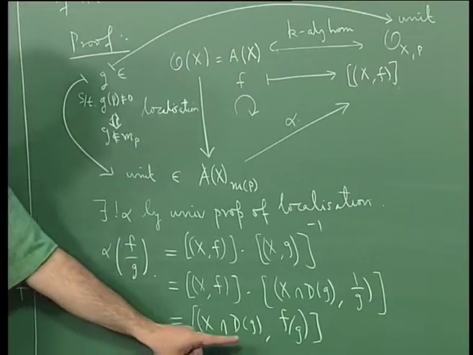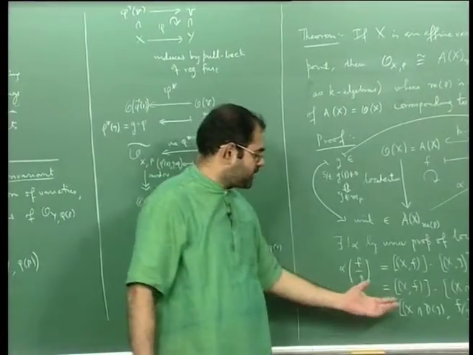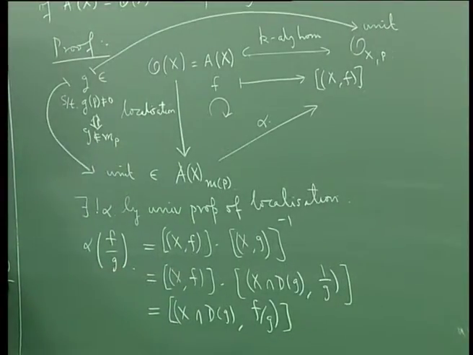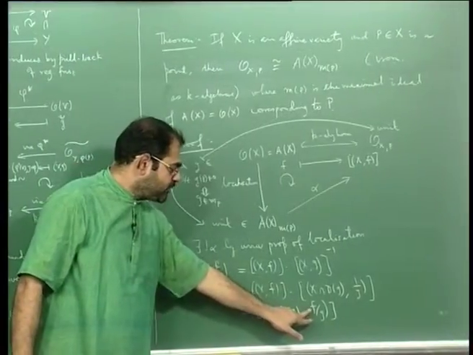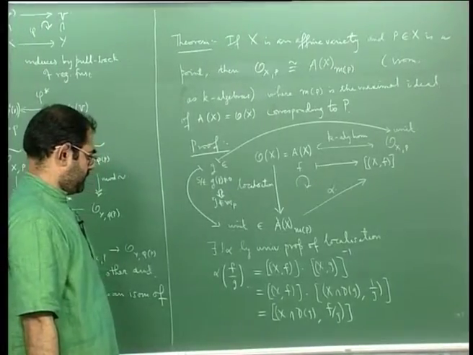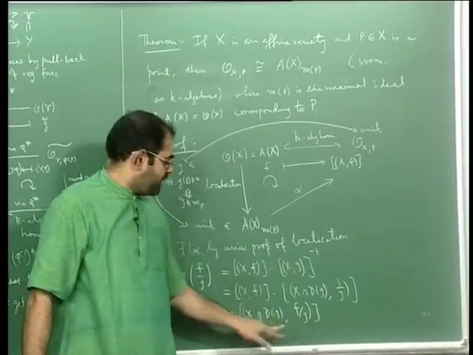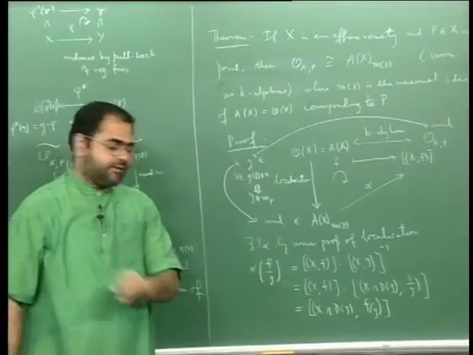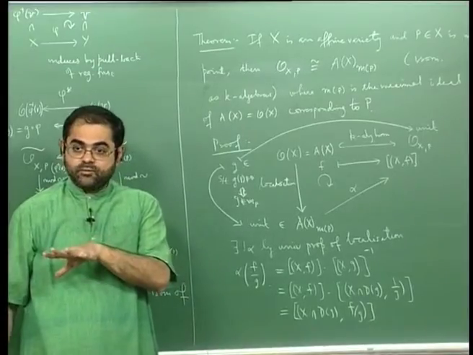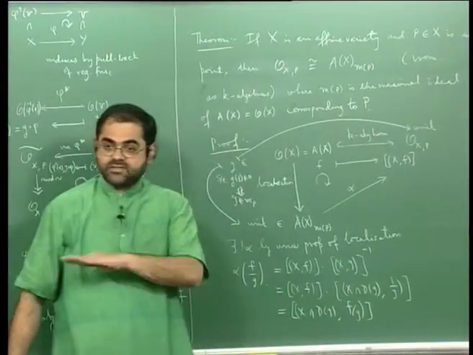If the regular function f by g vanishes in a neighbourhood of the point, then f by g and the 0 function are equal on this open set X intersection Dg, which is a dense open subset of X. So that will tell you that f has to be 0.